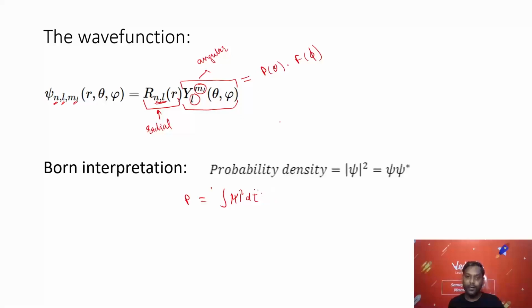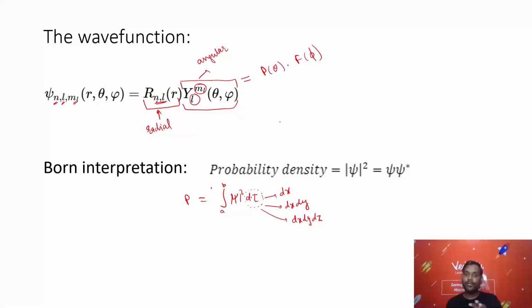Now this d tau is basically dx in a 1D system, dx dy in a 2D system, and dv in a 3D system, that is dx into dy into dz. All right, so you can integrate that for a given range you're interested in, from a to b, and this will be the probability of finding the electron in that region.